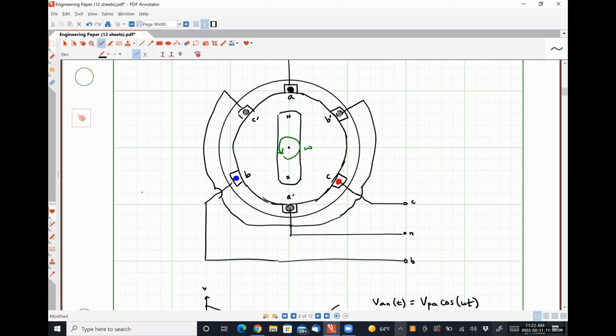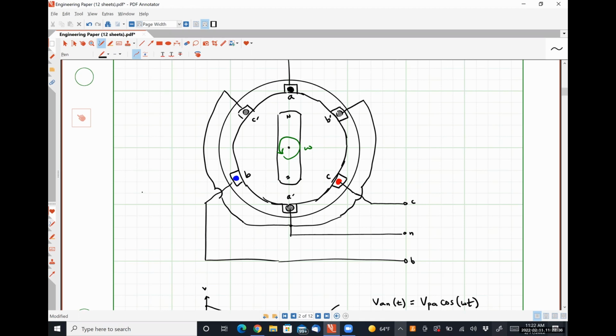All right. When the north pole of the magnet lines up with A prime, that's when we get our largest negative voltage. Okay. So because there is physically 120 degrees of separation between this coil and this coil, that means that B is going to hit its maximum value 120 degrees later.